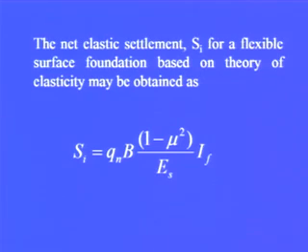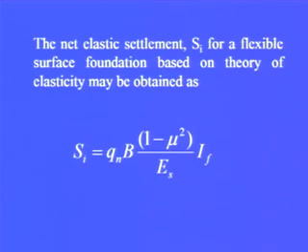So, these values have been suggested by various researchers and especially by Bowles, and those tables we have discussed in the last class, and we can use those tables for obtaining the value of If, and when we substitute all these we get the settlement known as the immediate or elastic settlement.